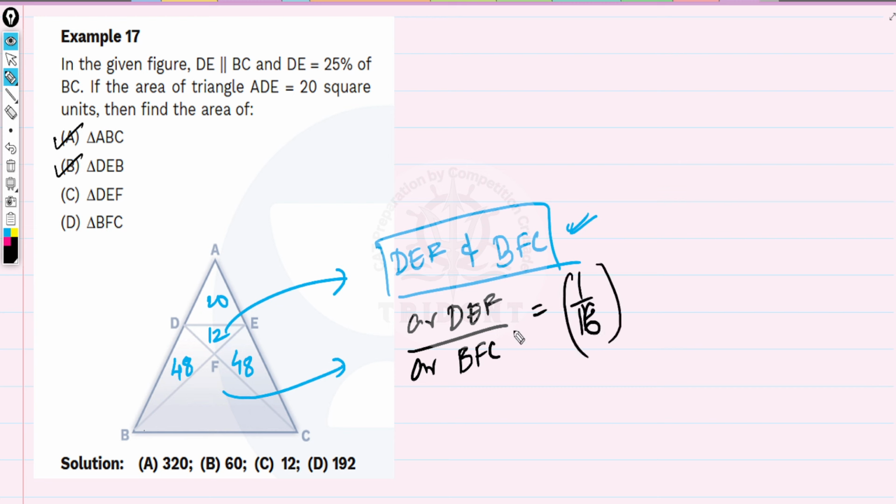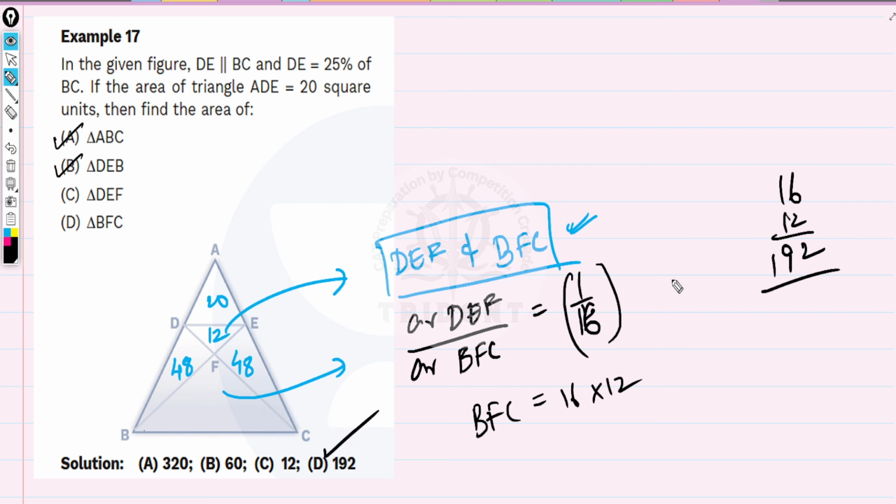I already know that the area of DEF is 12, so BFC comes out as 16 into 12. We can do this quickly, right? So 12, 2 sixes are 12, 1 six is 6, 1 and 9, 192, right? So 192 has to be the area of this part.